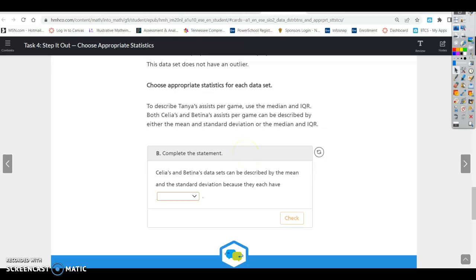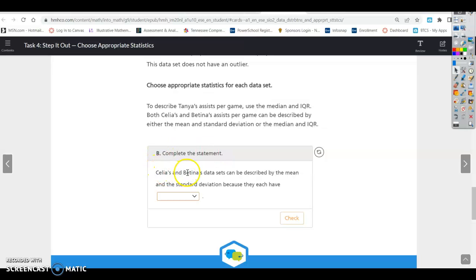So choose the appropriate statistics for each data set. To describe Tanya's assists per game, use the median and interquartile range. Both Celia's and Bettina's assists per game can be described by either the mean and standard deviation or the median and interquartile range.